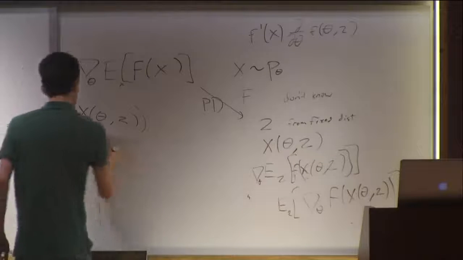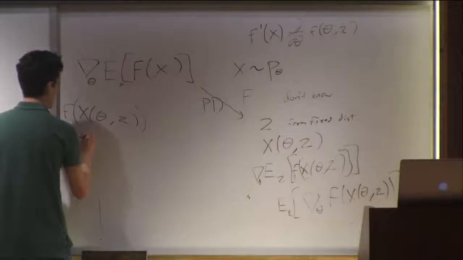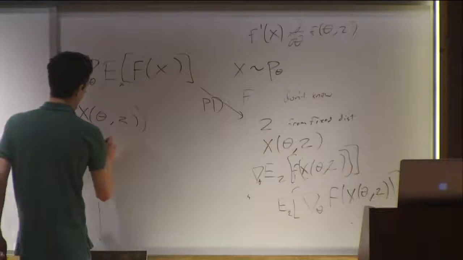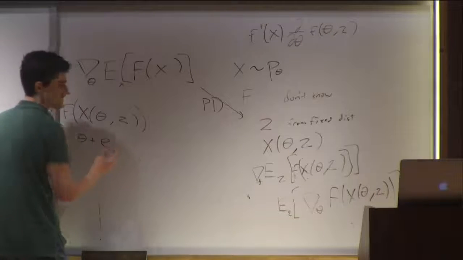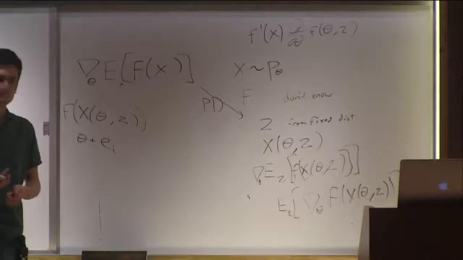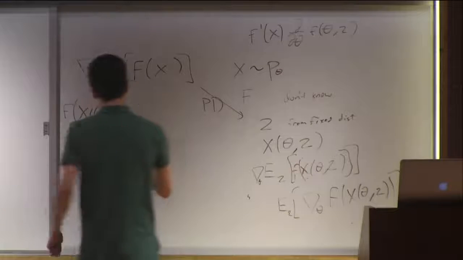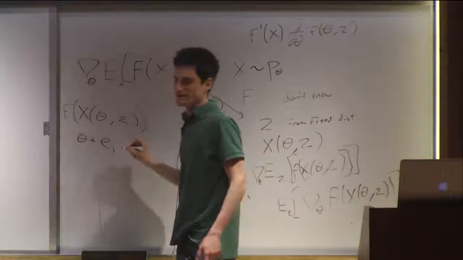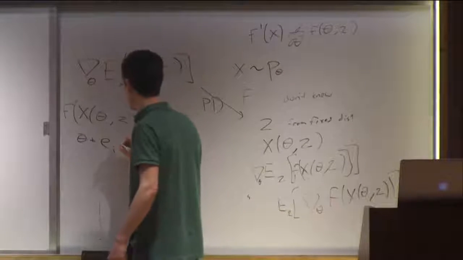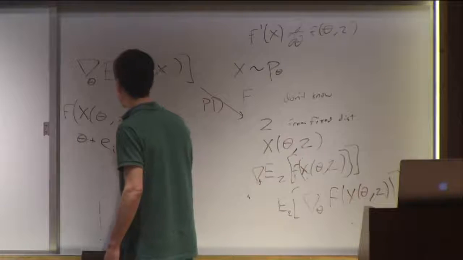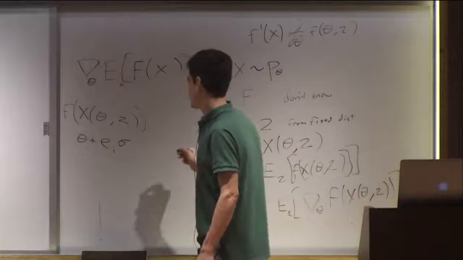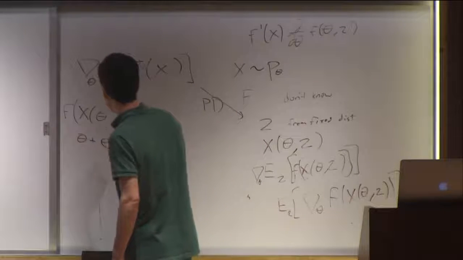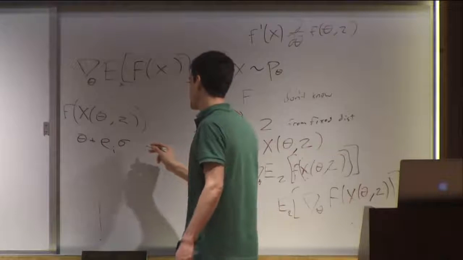So for finite differences, we're going to evaluate theta plus, let's just call it e sub i, which means it's a one-hot vector with a 1 in the ith component, and let's multiply it by sigma, which is just a scalar. So we have theta plus.